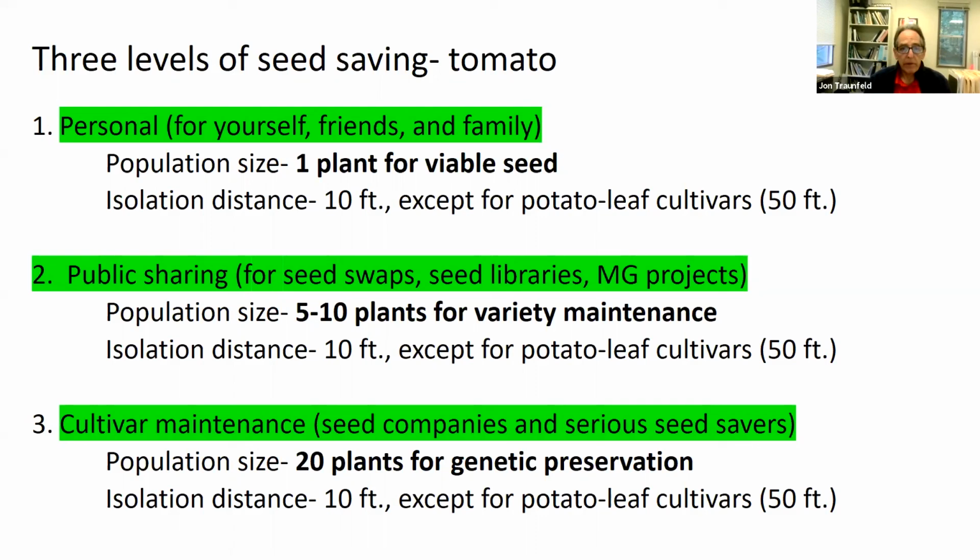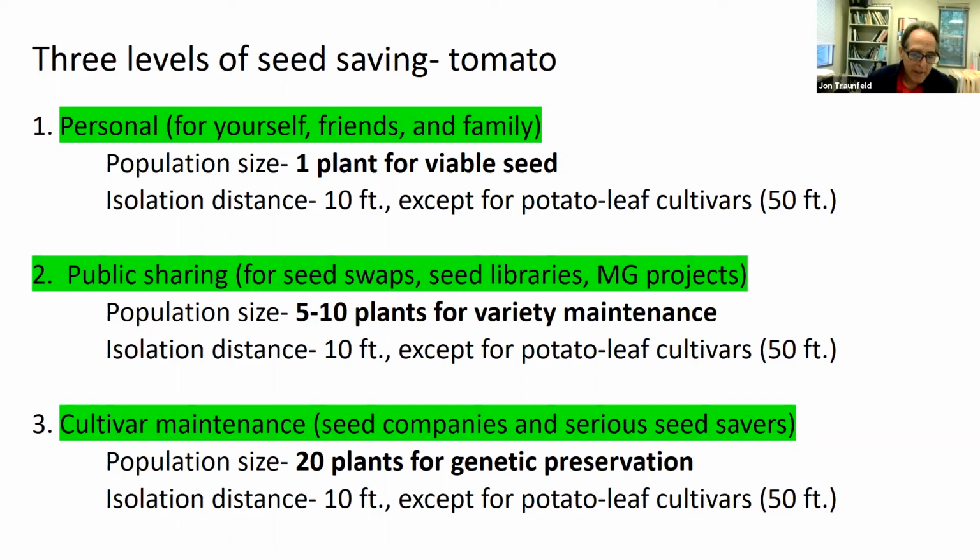Now, for seed companies, they must, of course, grow many more plants in the population. In this case, 20 is actually probably enough. For other crops, it would be many more. And notice the isolation distances don't change, because the risk for cross-pollination doesn't really change.